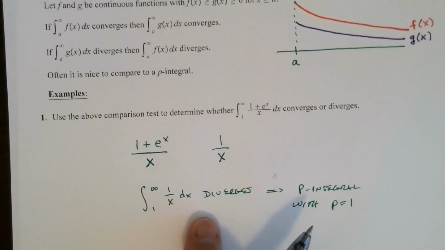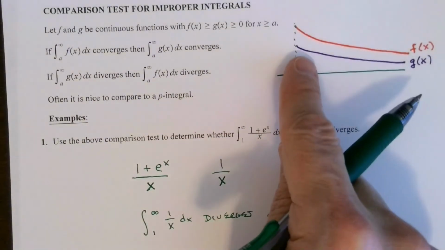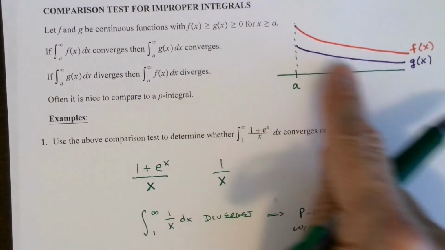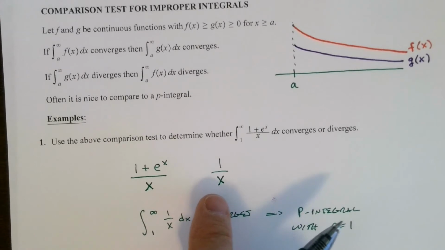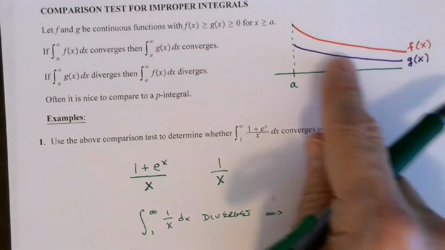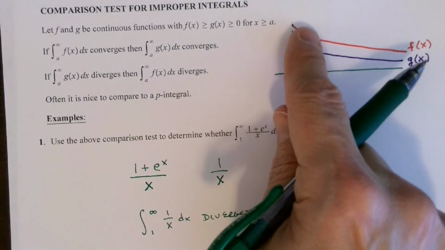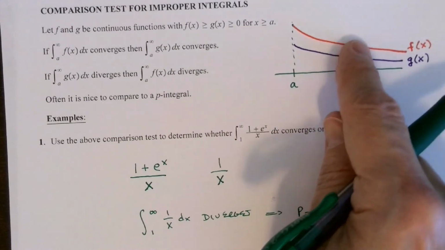But this only helps, remember, if, wait a second, I said that wrong. If g of x diverges, excuse me, if we know this one diverges, then the one we're trying to show diverges has to be more. So if ours diverges, we want this to be more.